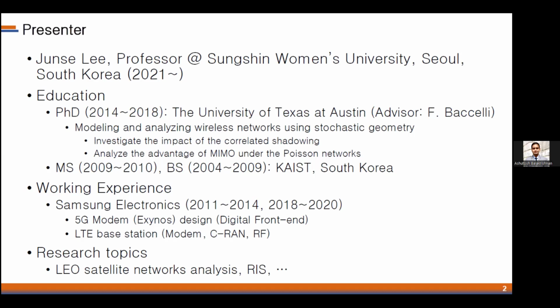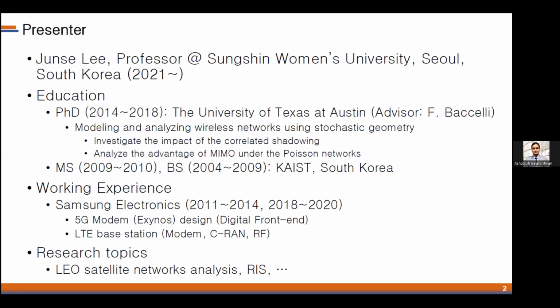I have about 6 years of working experience at Samsung Electronics, before and after my PhD. Before my PhD, I was involved in the LTE base station project. I mainly focused on modem features, the Samsung Smart Scheduler, now known as CMN, and also did some RF-related work. After my PhD, I joined the 5G Exynos modem team.